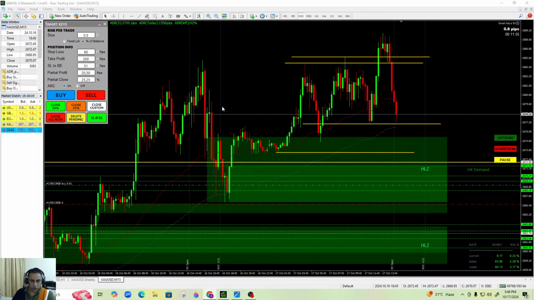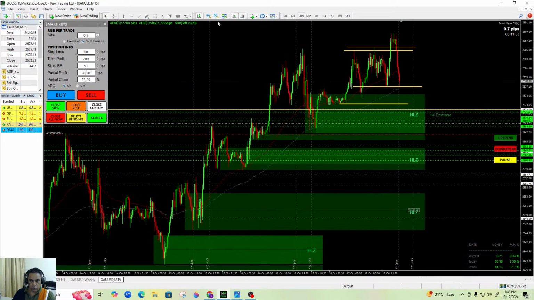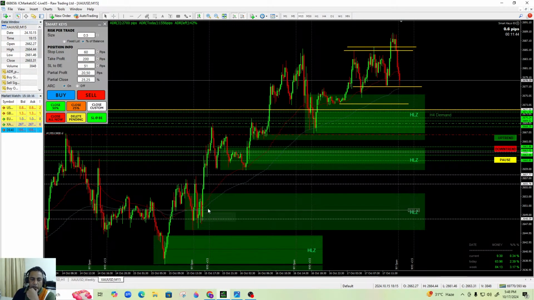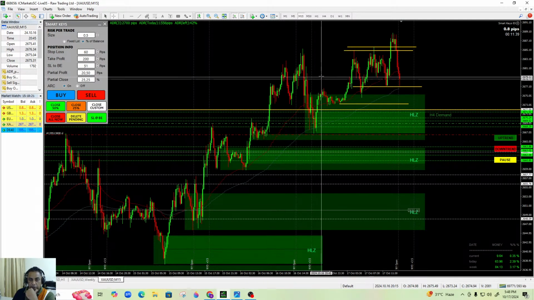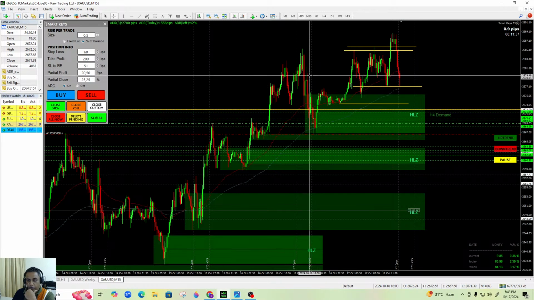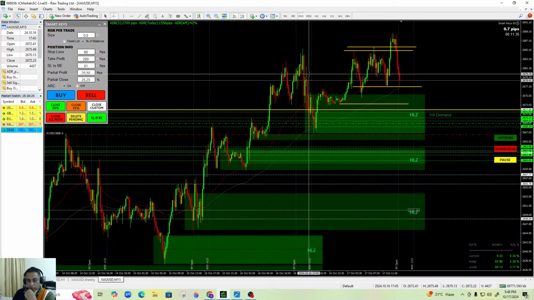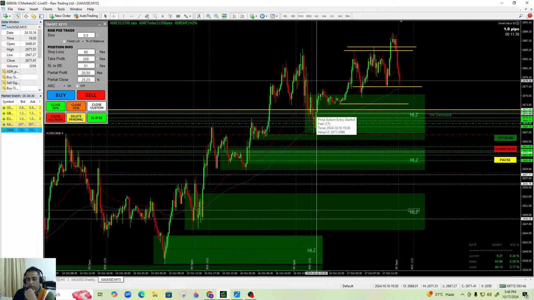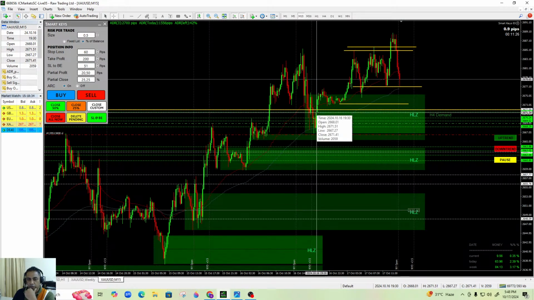So the bullish move came after the new 4-hour candle opened, right? That's when the bullish move came. Even yesterday, after the new 4-hour candle opened, much later on, about 2 hours after the 4-hour candle opened, price moved up.